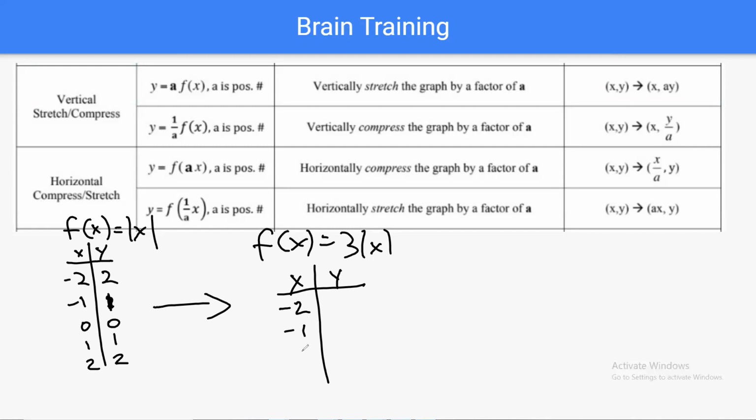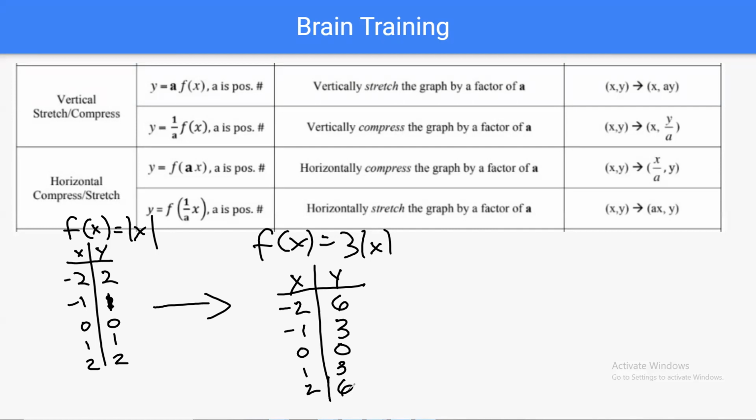My x values don't change, because it's a vertical transformation, so my y values do. I'm going to be multiplying 3 to my y value. 2 times 3 is 6. 1 times 3 is 3. 0 times 3 is 0. 1 times 3 is 3, 2 times 3 is 6. So those are my points.